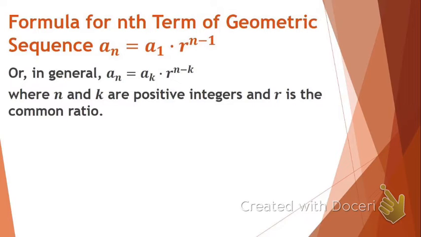Or the more general form, where we can use any two terms in the sequence, a sub n is equal to a sub k times r to the n minus k. N and k have to be positive integers because they're telling us where we are in the sequence, how far along that line we've gone.